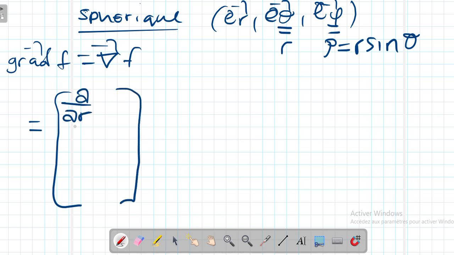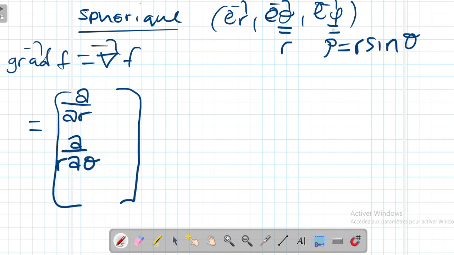Then the second component is theta, the angle. It's important to know the radius associated to each angle. So you say del over del theta, but you multiply by the radius, so that you've got the arc length. But it's not important to know that. This is how you can create nabla in different coordinate systems.